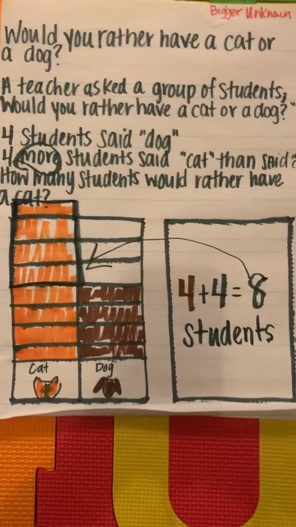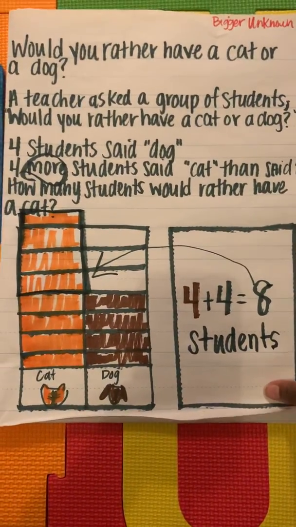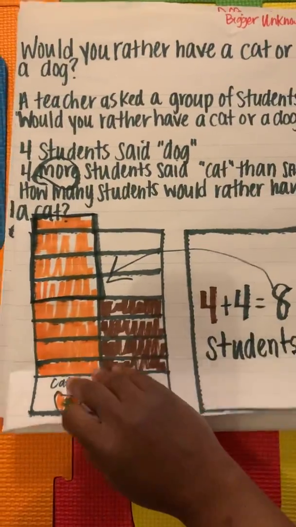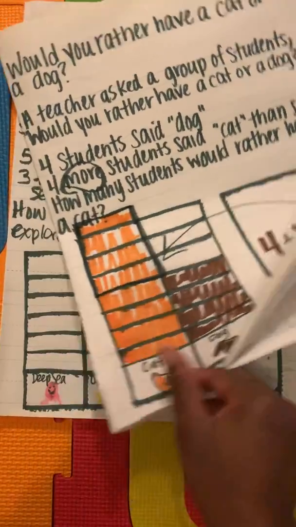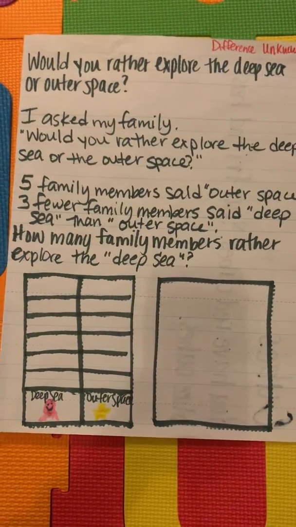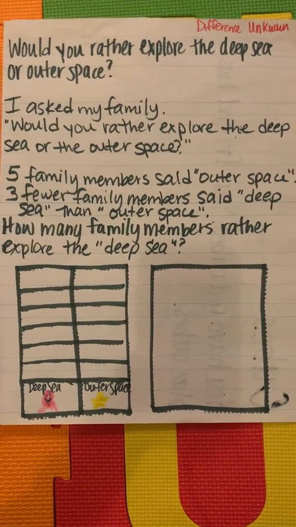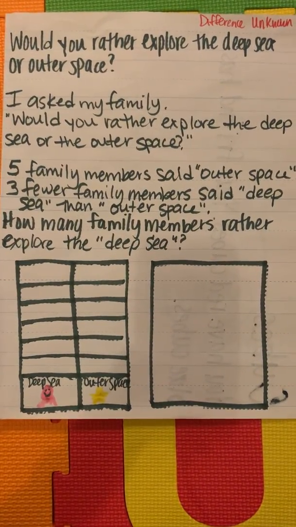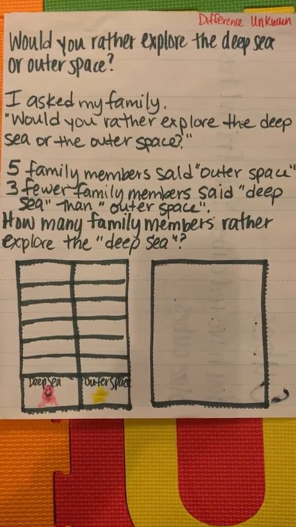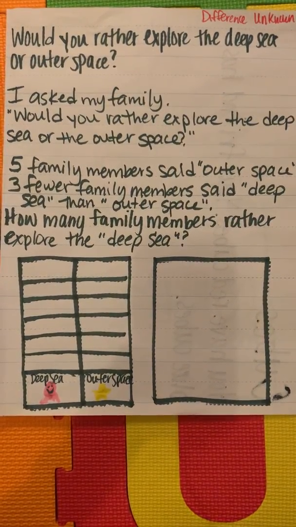And that is how you solve a comparison problem where the bigger number is unknown within a survey. Now I'm going to show a problem with the difference unknown. I went back to last week's activity where first grade had to survey their family on whether they wanted to explore the deep sea or the outer space.